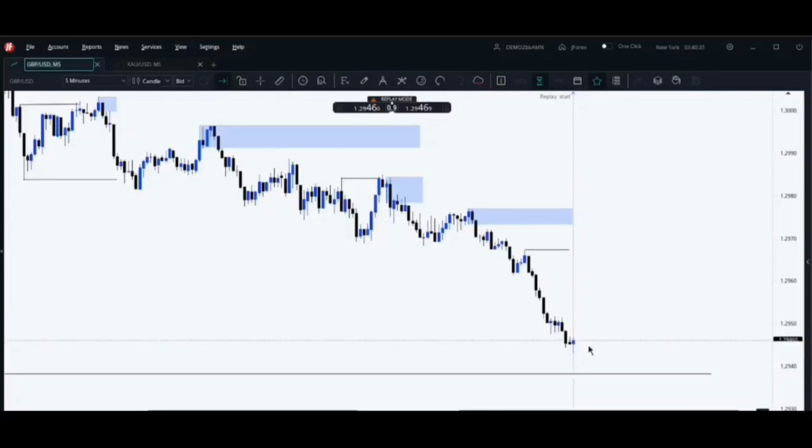Okay? Because we are too close to this 1H CHoCH level. The reason being that once price takes out this 1H CHoCH level, we are going to be waiting for a fresh inducement on the 1H before we can start plotting the market again.